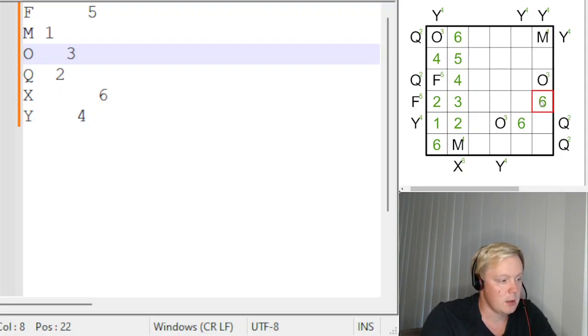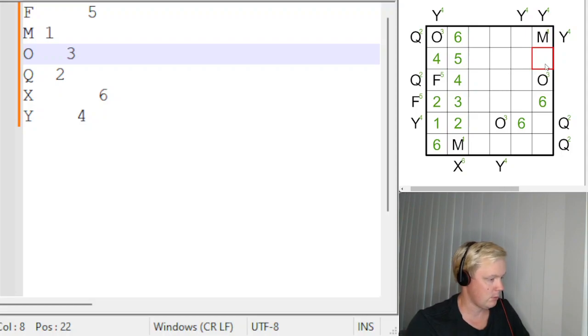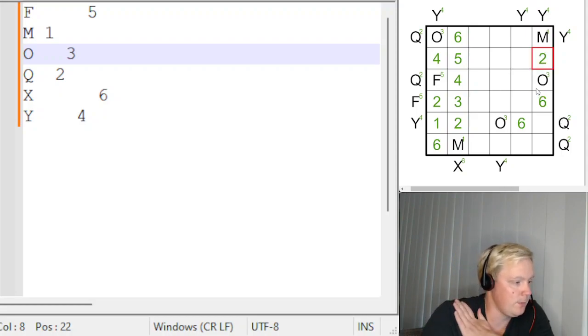Now this 6 forces this, and solves this 4, because this 4 only sees 4 cells, these 4, so these must be in numerical order. This can't be hidden, so the only number that fits here is 2. A 4 or a 5 would hide this and make this a 3. So that's a 2.